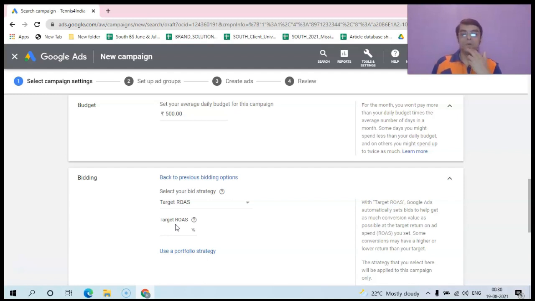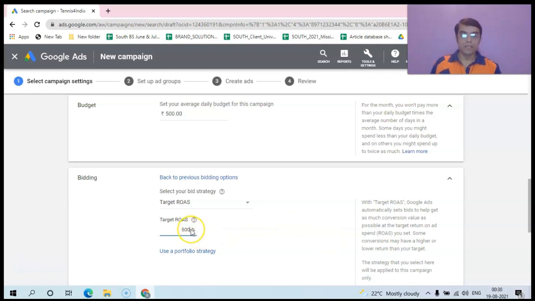So in that case, you put 500%. Basically, you're telling Google that you want 5 times returns on the ad that you're spending, and according to that, Google is going to optimize your ads and your campaign.